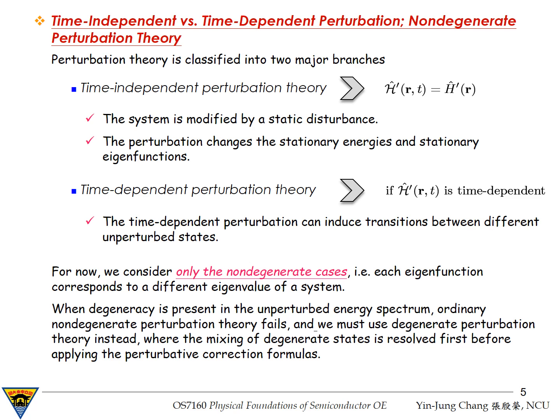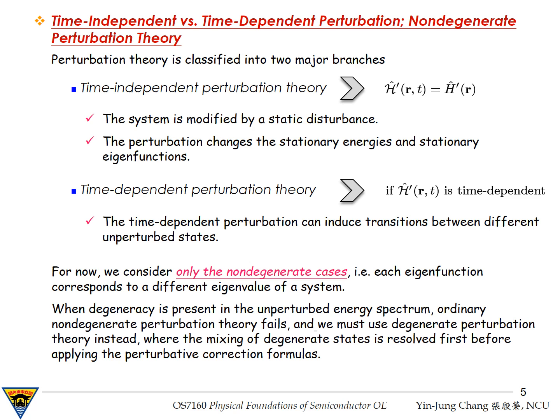Finally, note that for now we consider only the non-degenerate cases, meaning each eigenfunction corresponds to a different eigenvalue. In the non-degenerate case, the formulas are cleaner and the conceptual structure is easier to see.